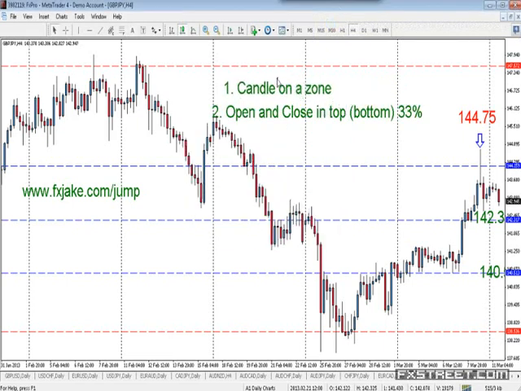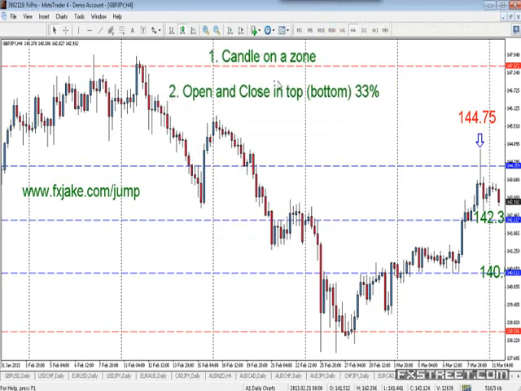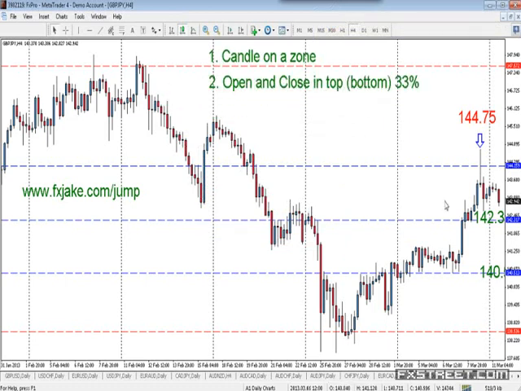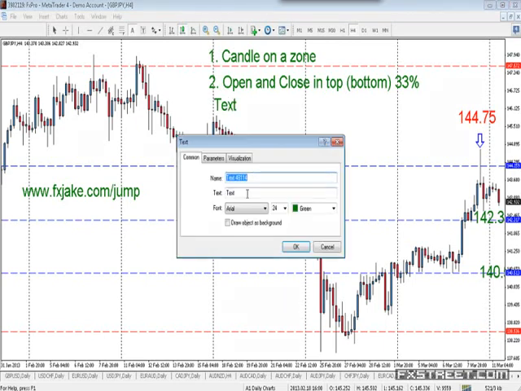Now, obviously, it's got to be in the top 33% for a buy trade, and in the bottom 33% for a sell trade. So this is a sell trade, and it's clearly the open and the close in the bottom 33%.